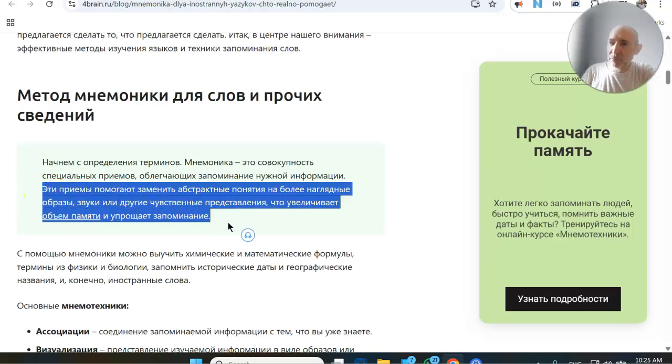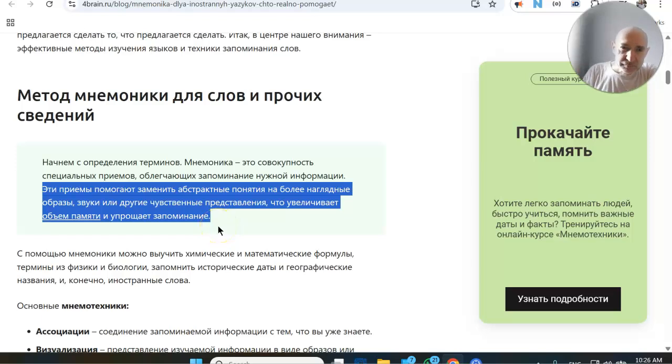They're talking about mnemonics. Эти приемы помогают заменить абстрактные понятия на более наглядные образы, звуки или другие чувственные представления, что увеличивает объем памяти и упрощает запоминание.